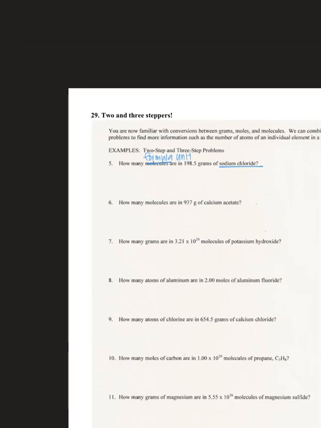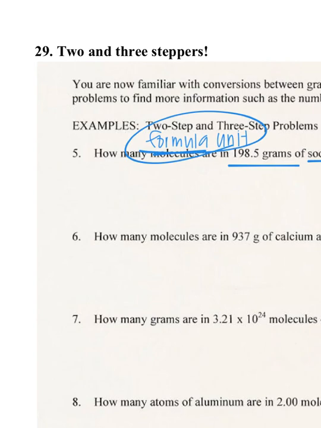So we want to know formula units in 198.5 grams of sodium chloride. Let's zoom in. 198.5 grams sodium chloride.